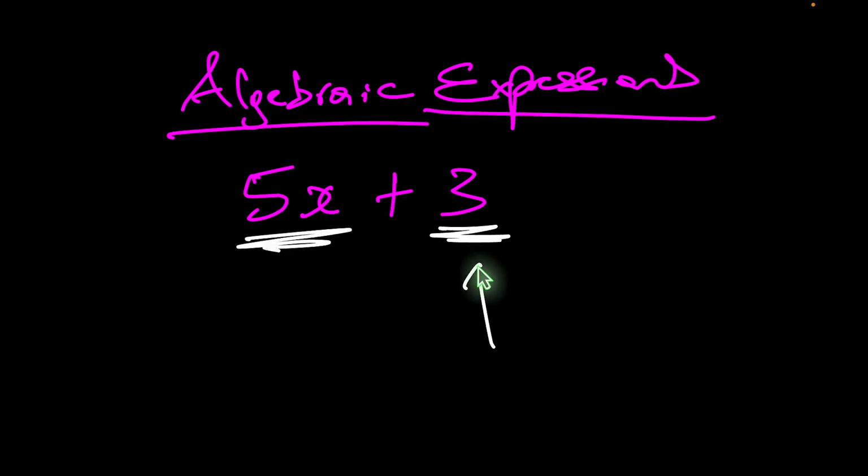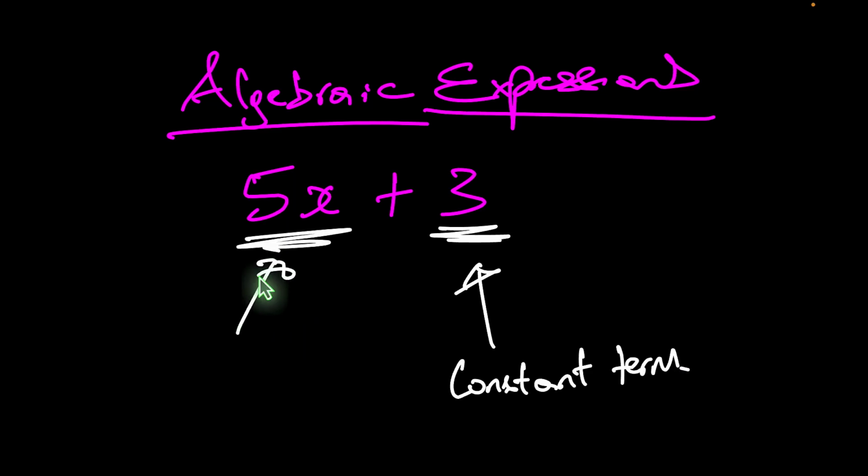That numerical value is a special type of term called a constant term. And that 5x is another term, a variable term, as we've talked about variables before. So that's two types of terms that we have.